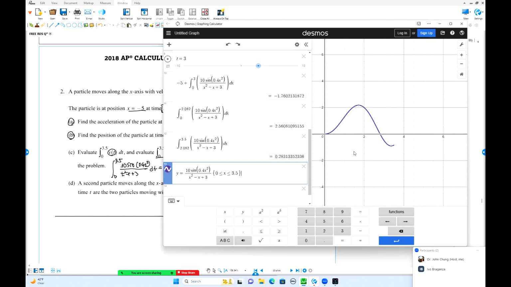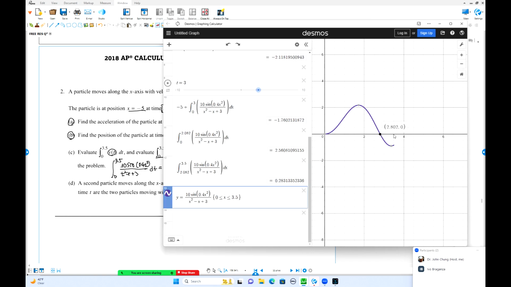This is the graph over here. Velocity is negative. This move to the left. The area of this one is a negative number, but still this is a positive number. I don't get it, this one. 2.082 up to 3.5.